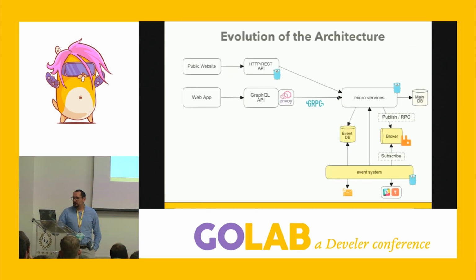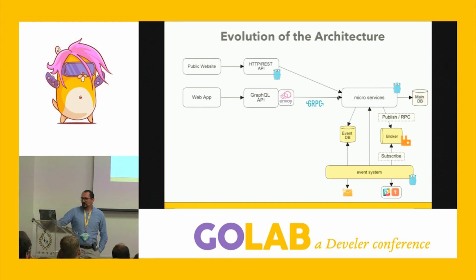So what we came up with, this was the intermediate step, which basically features a broker. In this case, this is RabbitMQ, and some other small services written in Go, which build up the event system.